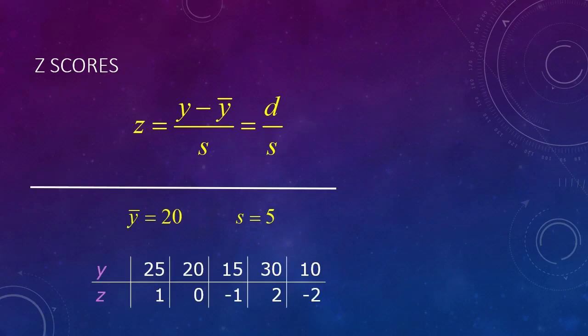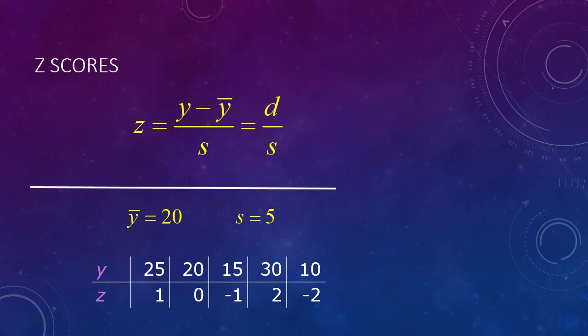Here's an example to help clarify this concept. This is the same sample of 5 scores, again drawn from a larger sample. Let's say that the mean of the larger sample is 20 and the standard deviation of the larger sample is 5. As in the last example, a score of 25 is 5 units above the mean, so it has a deviation score of 5.